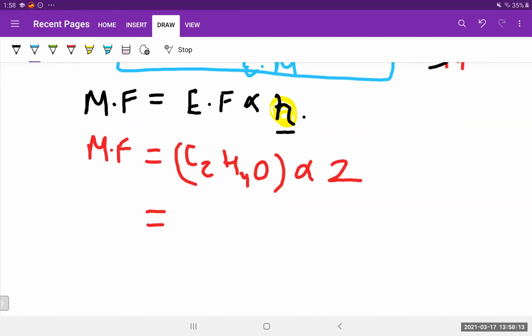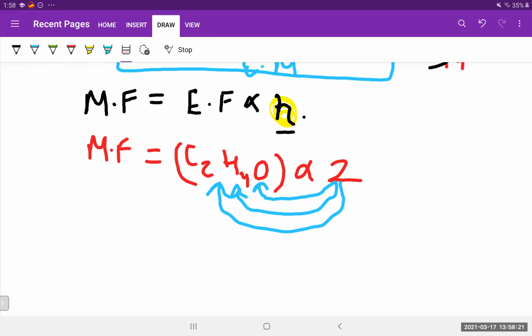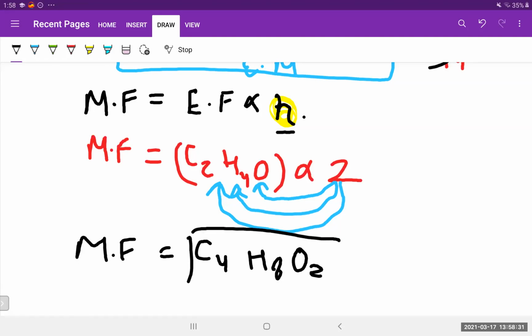We have to multiply everything by 2, so that will be C4H8O2. And that is the molecular formula. And we are done with the question.